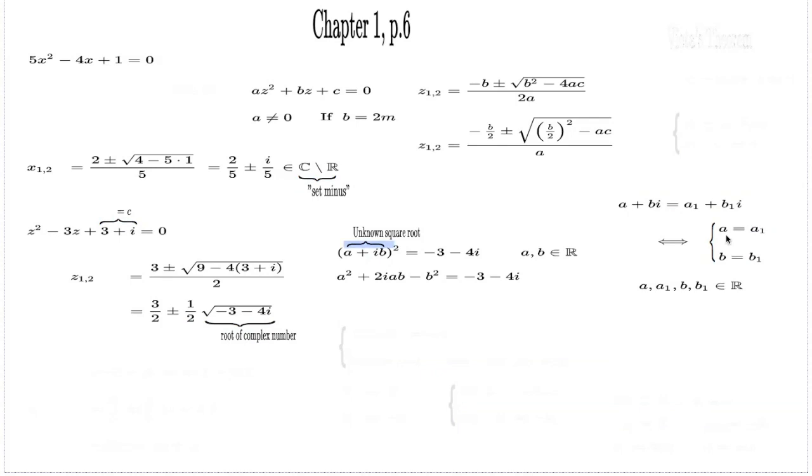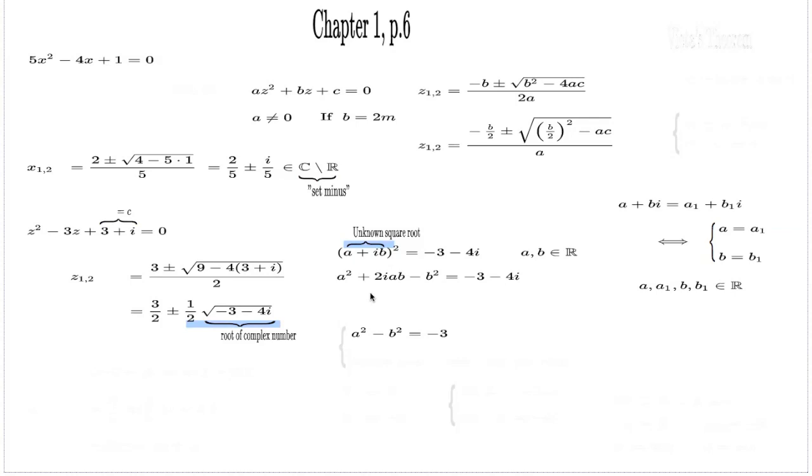Real part on the left-hand side equal to the real part on the right-hand side, imaginary part on the left-hand side equal to the imaginary part on the right-hand side. So that's what we're going to do here. We identify the real part on the left-hand side, that's a squared minus b squared, and equate this to the real part on the right-hand side.